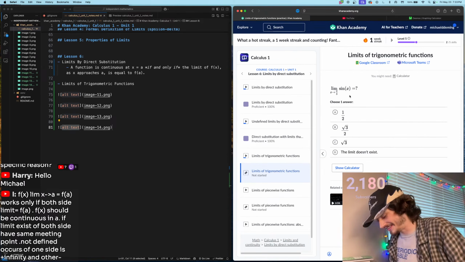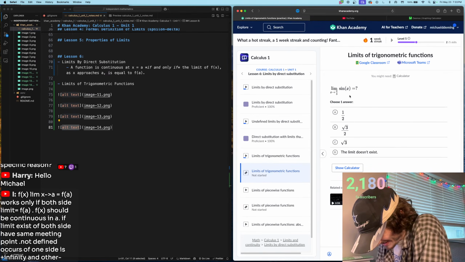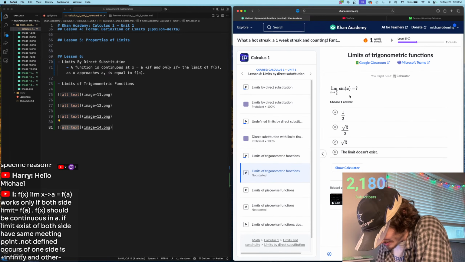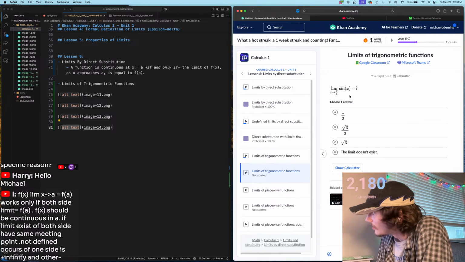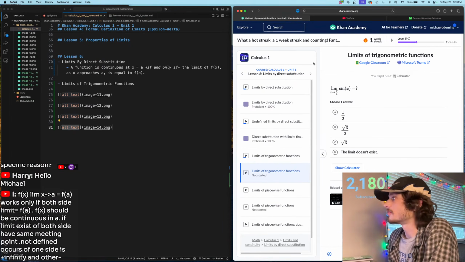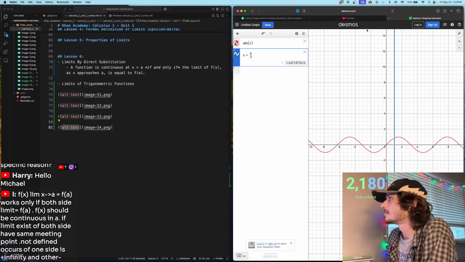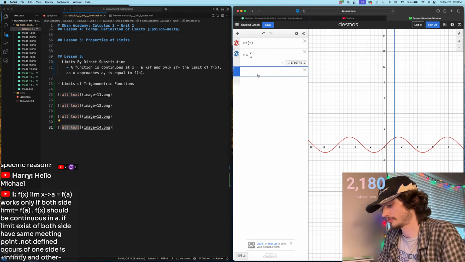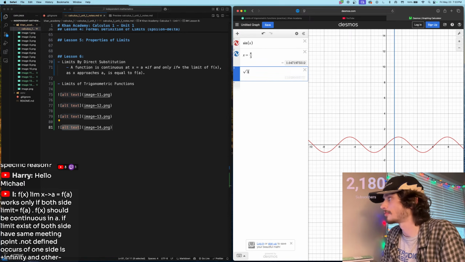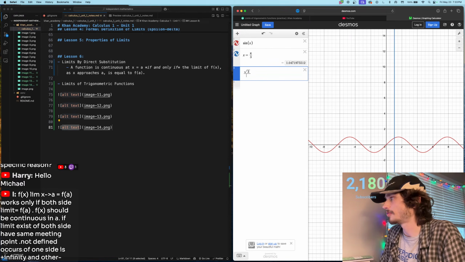So I suck at converting. So 0.86. We know that. What is square root of 3? Let's do calculator. We have a square root on here? No, we don't. So it'd be square root of 3 over 2.